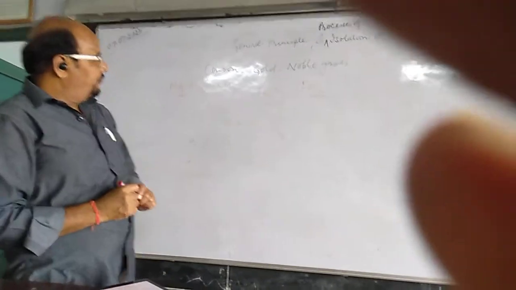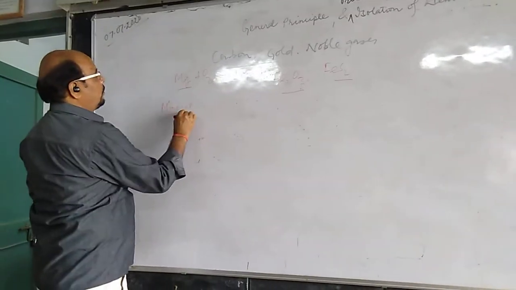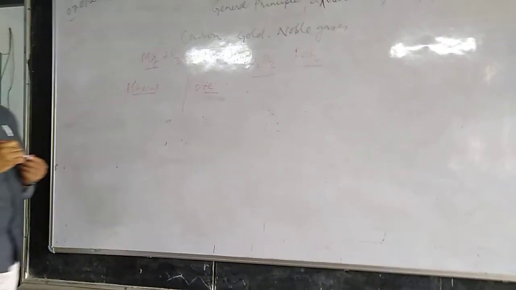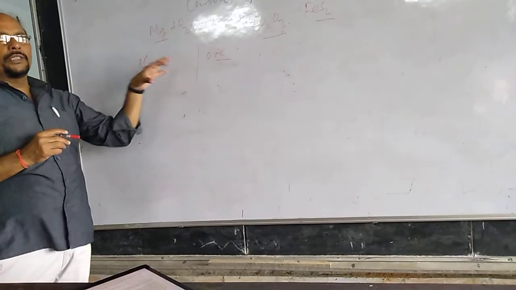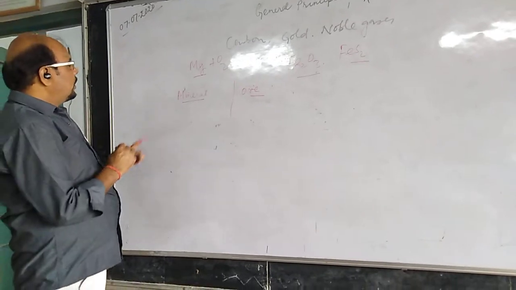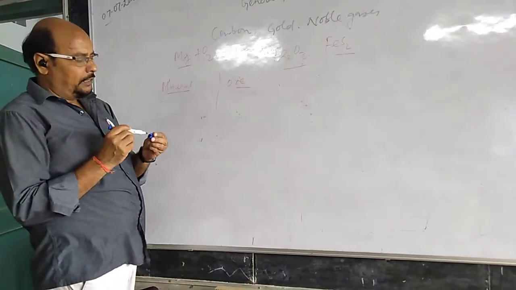So, first of all, we should know two terms which are very relevant in this chapter, mineral and ore. And how are they different? You have these two terms in your book, and you have learned them in earlier classes also. A mineral is a substance which is found in rocks, right?